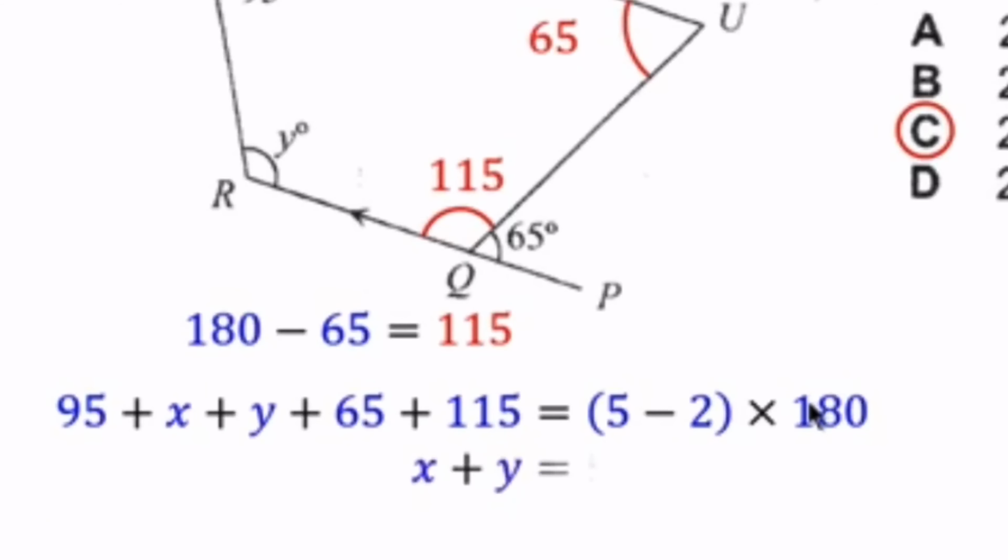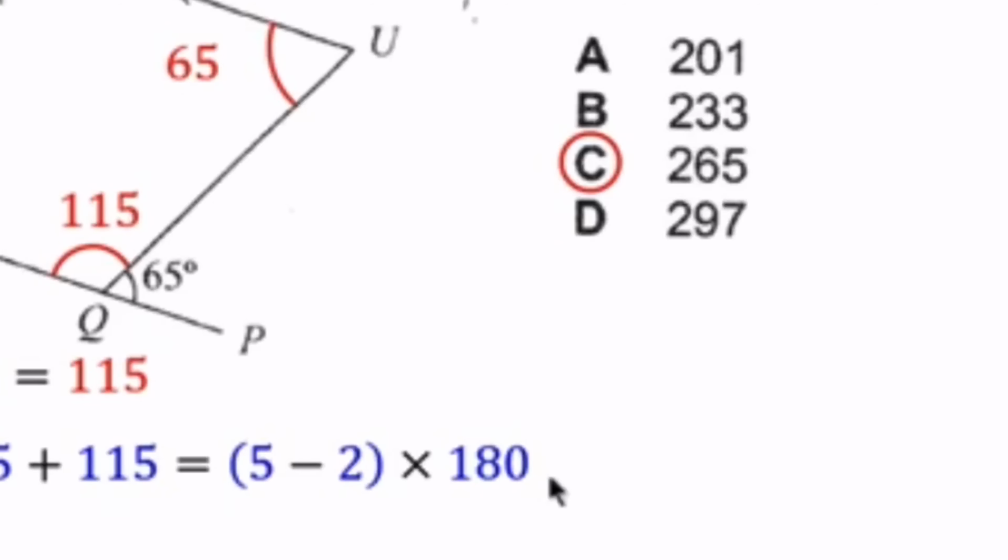This is the total interior angle formula, n minus 2 times 180 degrees. So you get the total interior angle is equivalent to 5 minus 2 times 180 degrees. Then you will solve for x plus y by simplifying the equation.